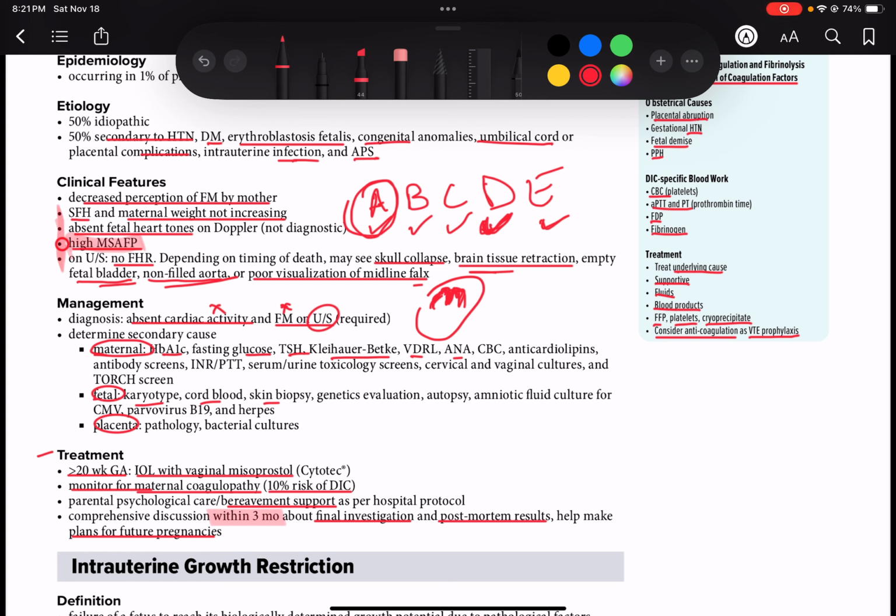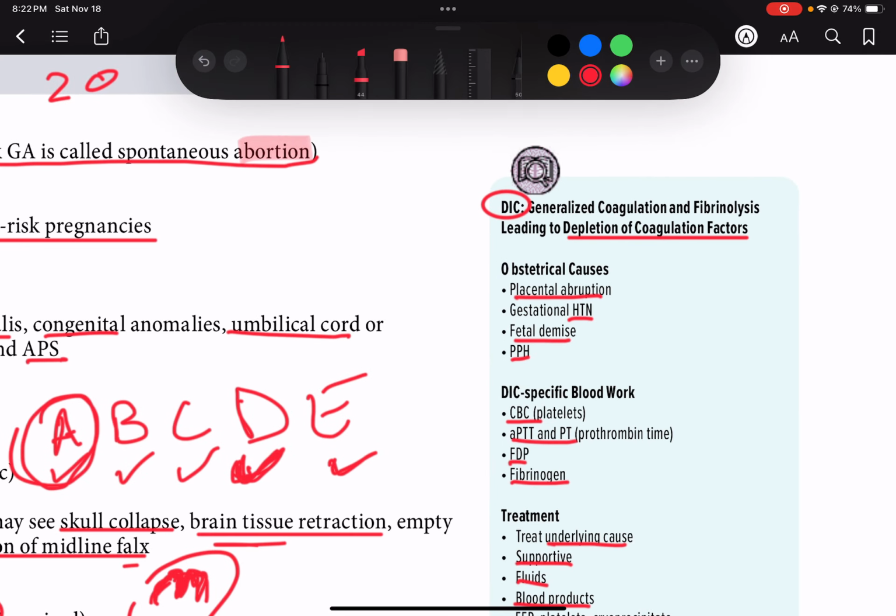take it out of the mommy's body, and then you would monitor maternal coagulopathy, because there might be a risk of DIC. Just like placental abruption, in placental abruption we read that there might be a risk of DIC.